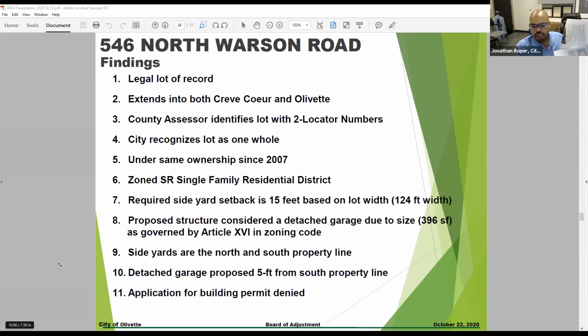You have the setback table on page 4. On page 5 of your staff report, you have the colors of where the setbacks are located. In this case, the side yard setbacks are in the red color, along with the yellow or orange. That's the encroachment part.